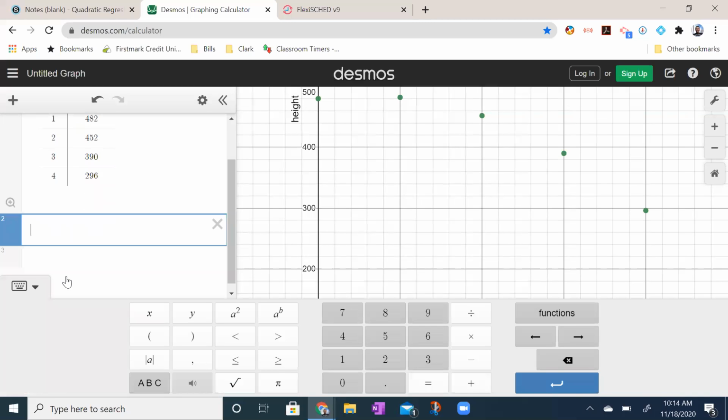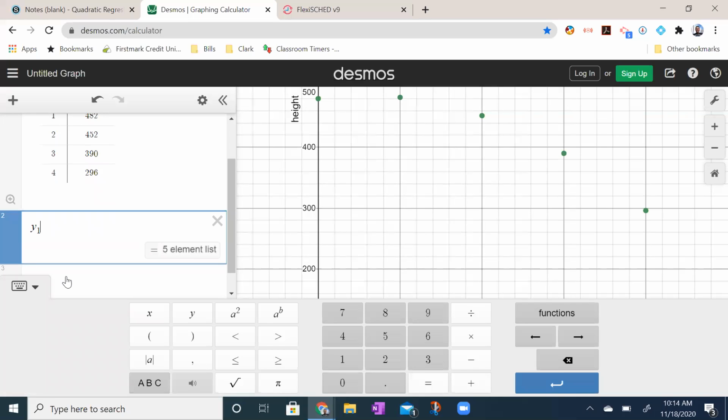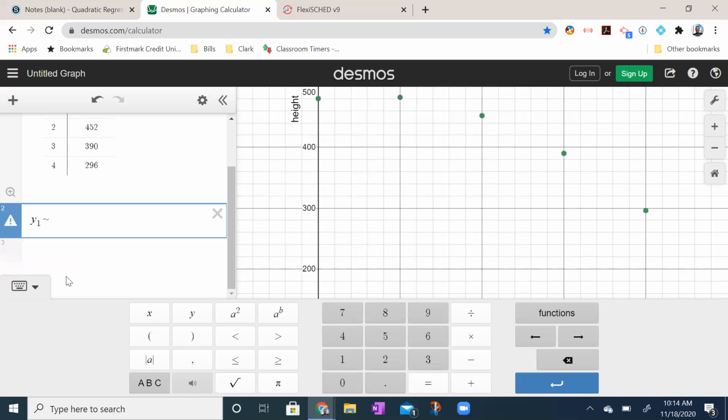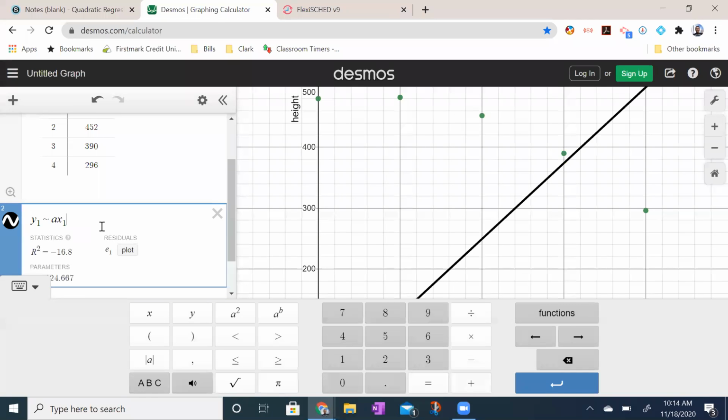So y1, then you're going to put your tilde sign, and then you're going to follow your quadratic formula. So you're going to put a, x1, and then square that.